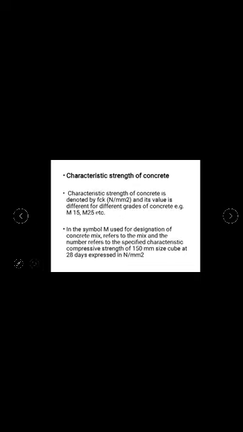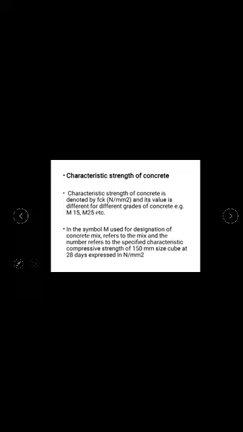Now moving on, characteristic strength of concrete. Characteristic strength of concrete is denoted by FCK, and its value is different for different grades of concrete, M15, M25, etc. In the symbol, M stands for the mix, concrete mix, and the number refers to the specified characteristic compressive strength of a 150 mm size cube at 28 days.